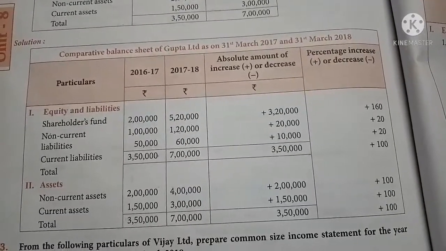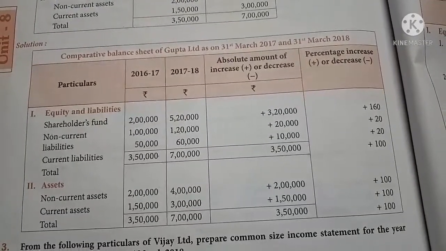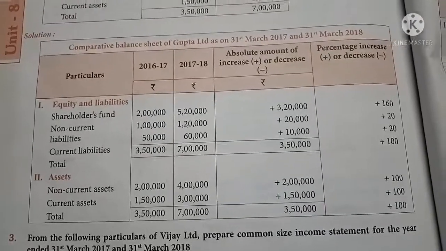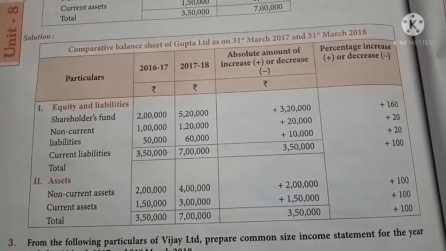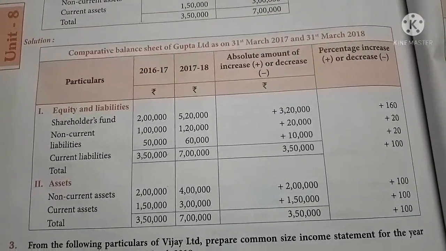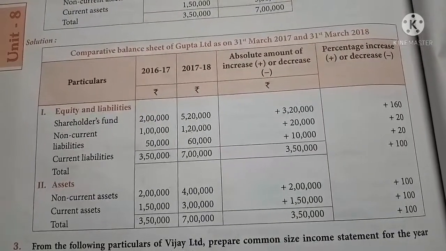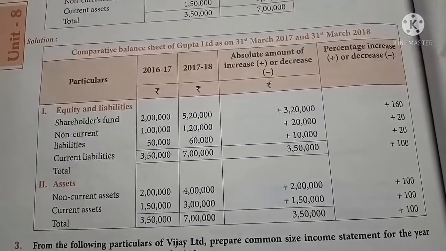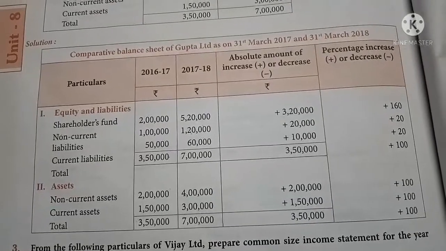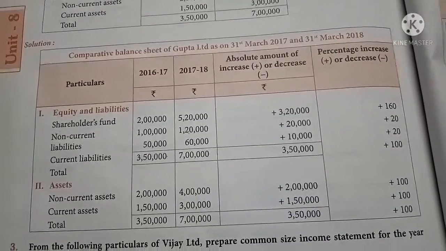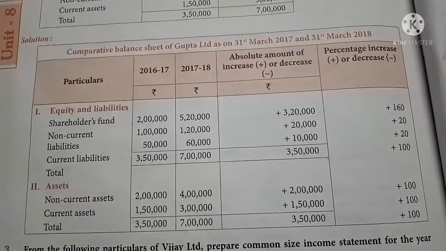Then current assets. First year current assets is 1 lakh 50. Second year current asset is 3 lakh. While comparing it, the difference is plus 1 lakh 50. Then find the percentage. Difference 1 lakh 50 by first year amount 1 lakh 50 into 100, 100 percentage.